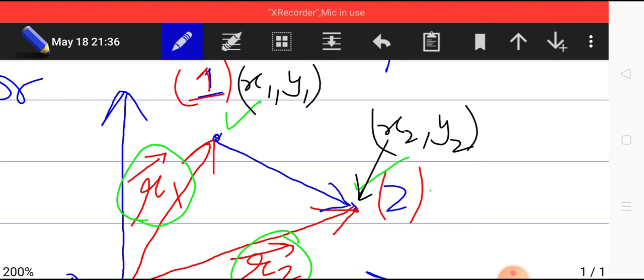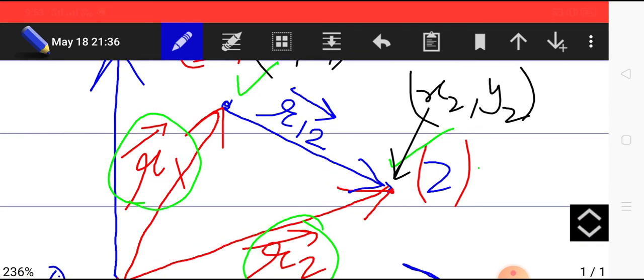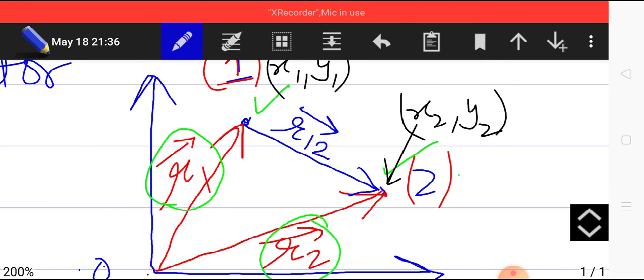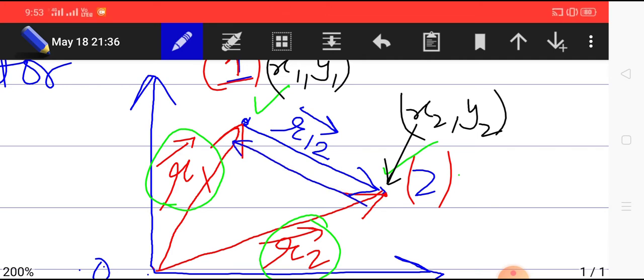This vector is known as the displacement vector, and it can be written as r12. So this is your displacement vector from point 1 to 2. In the same manner, if I write the negative of this vector, whose magnitude is the same but direction is reversed, that is r21, which is my displacement vector from point 2 to 1.